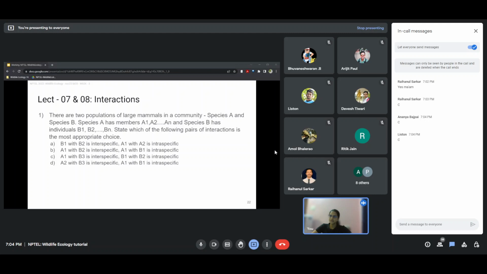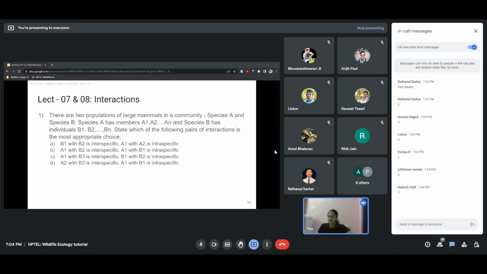All right, C, C, C. Okay, C. Would anyone like to explain why C is the choice? All right, I think we can get to the consensus that C is the correct option.